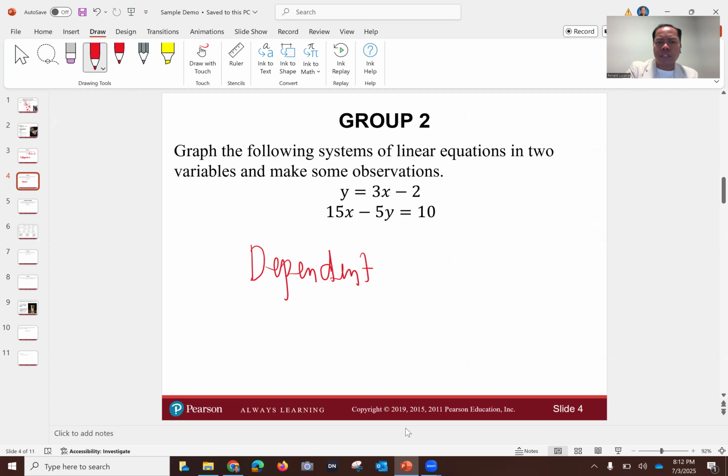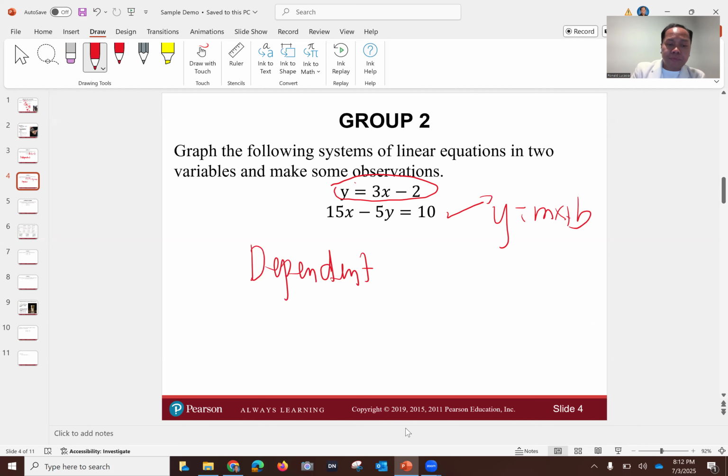Well, this one, it's easier to find the slope and the y-intercept because it's already expressed in the slope-intercept form. What about the second one? Very good. You need to express the equation into the form of y is equal to mx plus b.